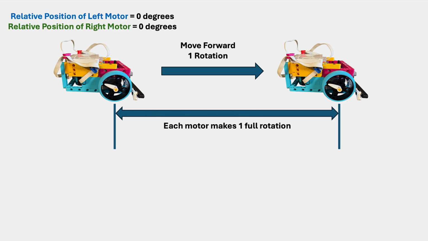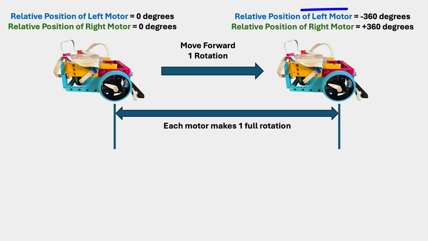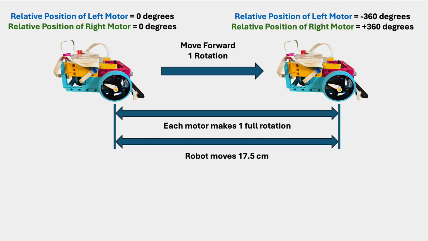That means each motor has made 1 full rotation. The left motor actually goes backwards 360 degrees, and the right motor goes forwards 360 degrees. Now we know by measuring with a ruler that that distance is 17.5 centimeters.